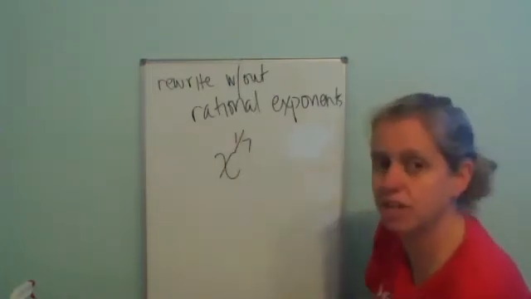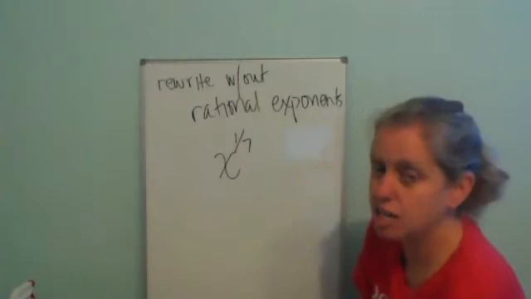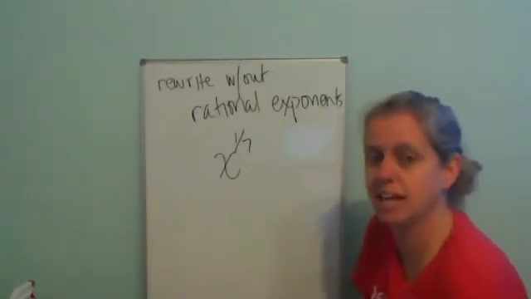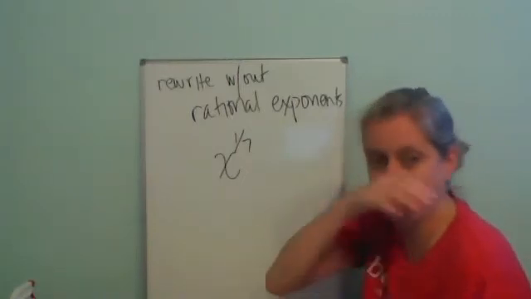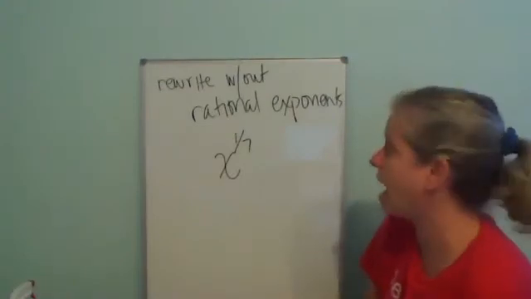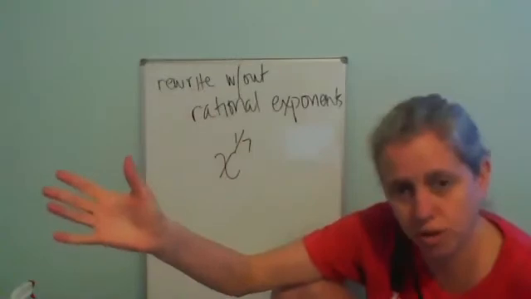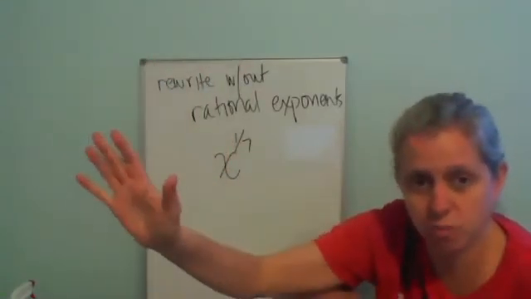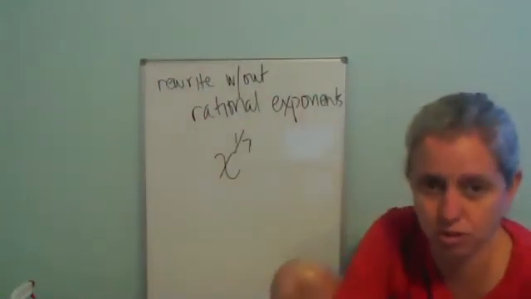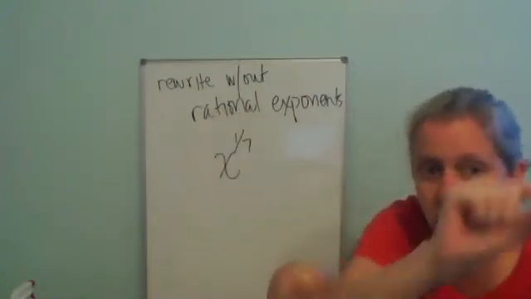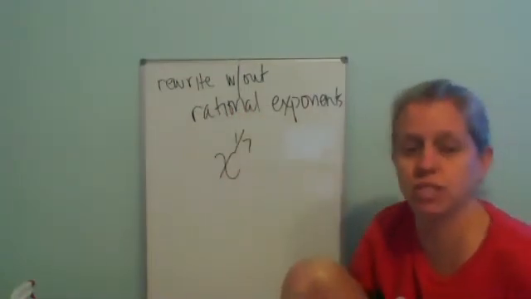It's got an exponent that is a fraction. So it wants me to rewrite this as something where the exponent is not a fraction. And here's the thing, you can go back and forth between rational exponents and radicals, which are the square root and cube root and whatever root symbols.